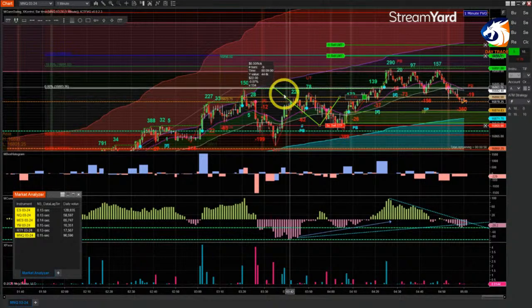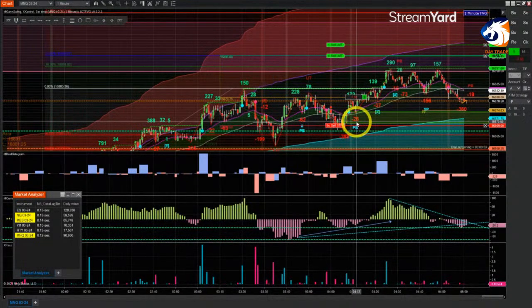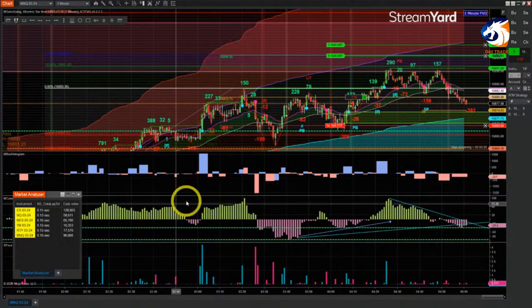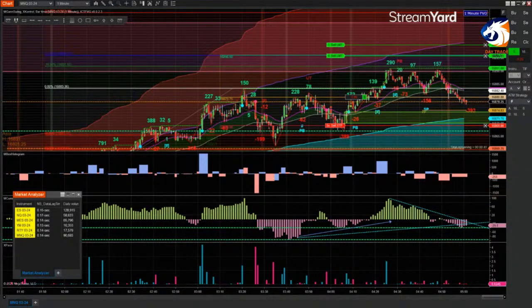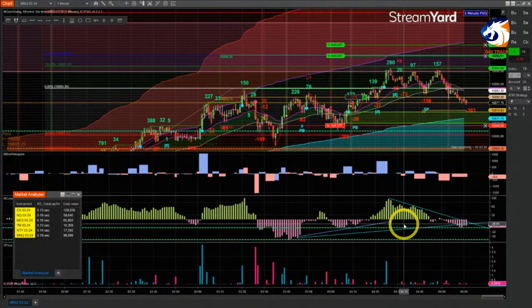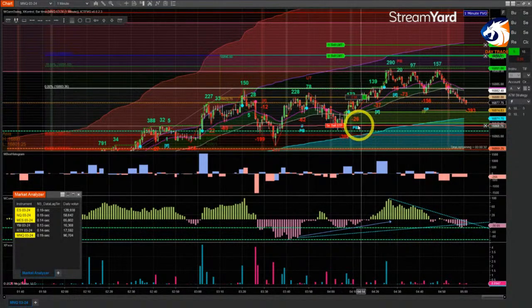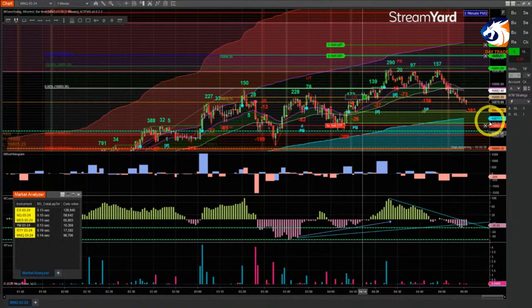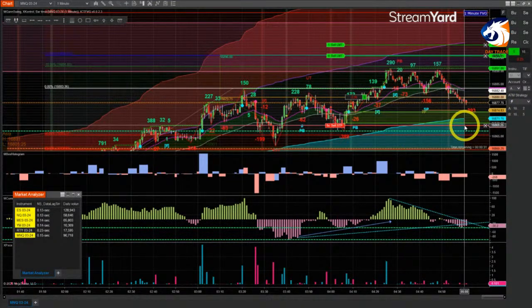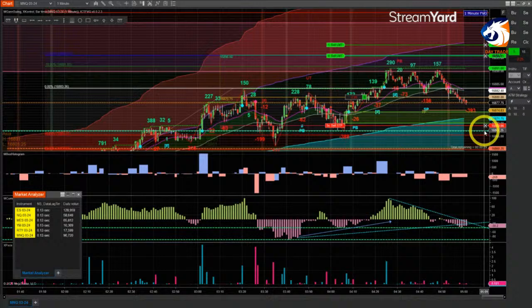I have 5 contracts right now. Again, this is micros, so my stop loss can be very wide depending on what your risk tolerance is. Right now, 22 times 5 is a little over 100. That's it.